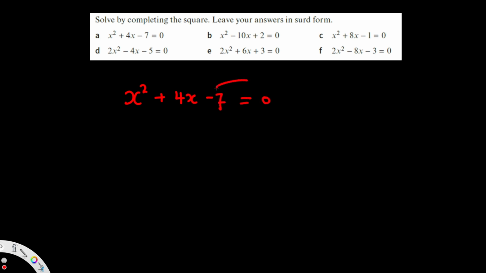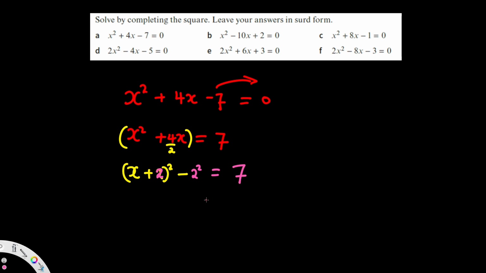We can take this on the other side, so that we have x squared plus 4x equals 7. Now we can complete the square on the left hand side. We take x plus half of 4, this is going to be 2, squared, minus the square of this number inside here, so 2 squared, equals 7.